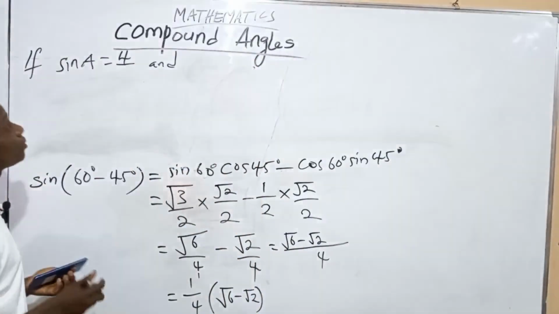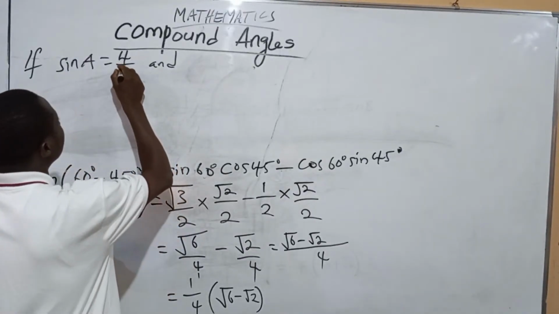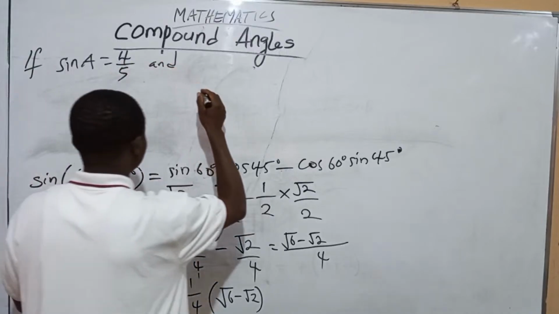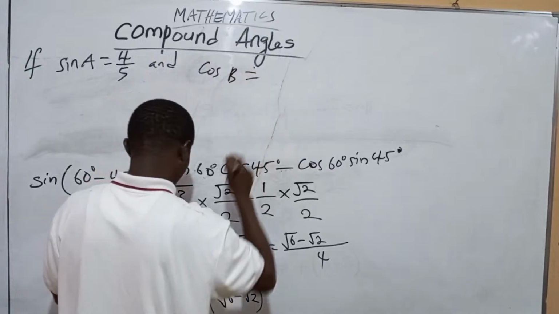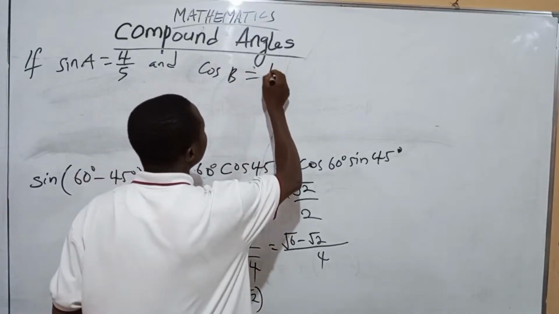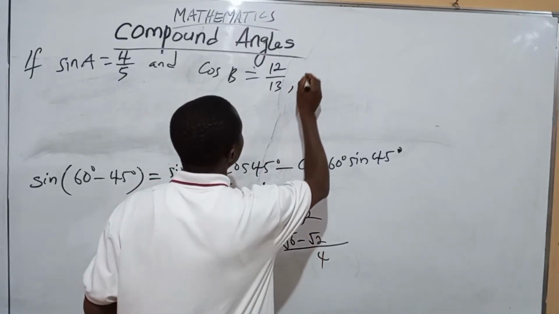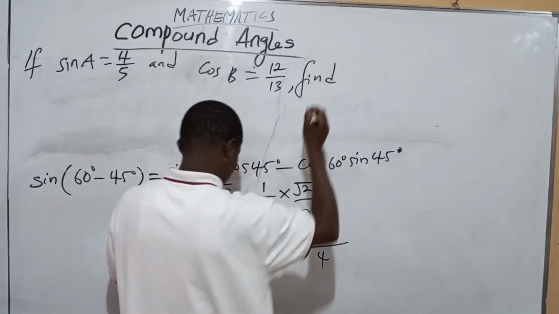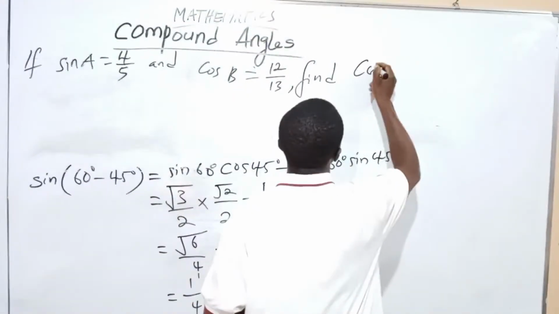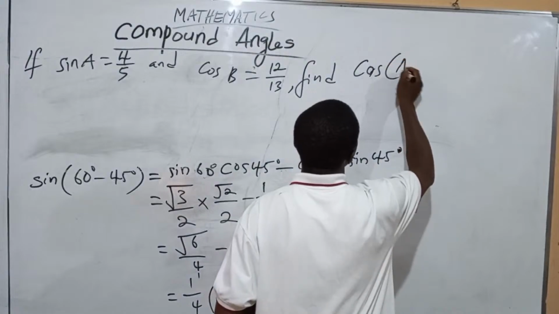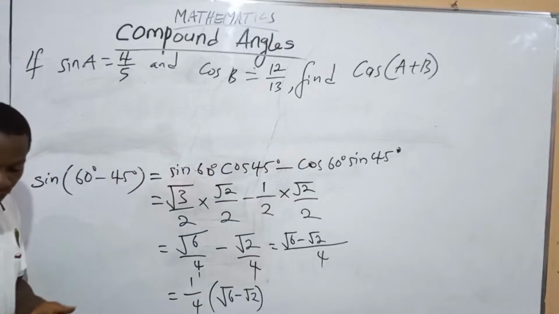We are given sine A as 4/5 here, and cos B as 12/13. Then we're told to find cos A plus B. So find the cosine of A plus B. This is what we'll be told to find, okay?